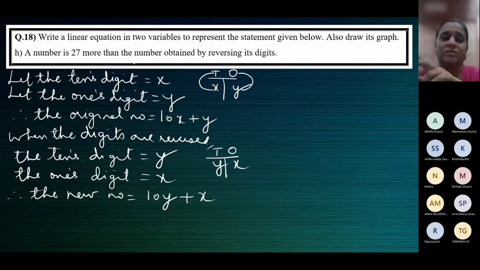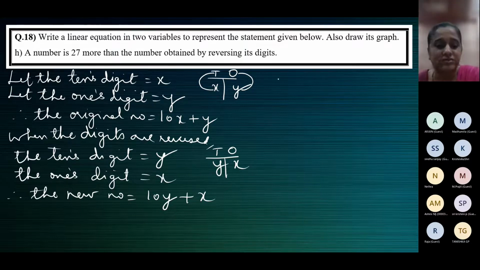One is the original number and the other is the number formed by reversing the digits. So that's what we have called original number and new number. Now, which is greater? The original number is greater. How do we know? Read the information. The original number is 27 more than the new number.